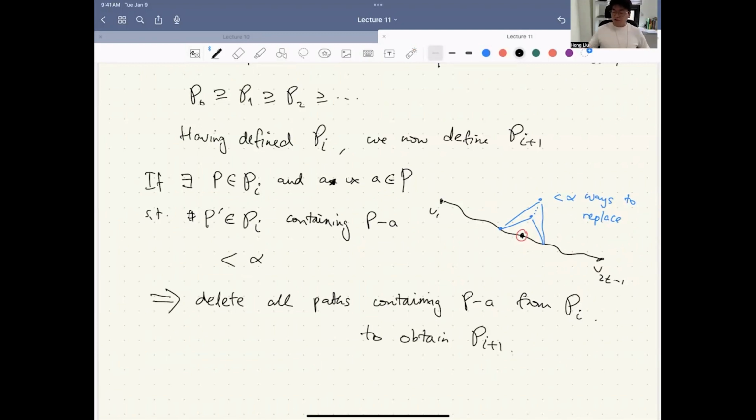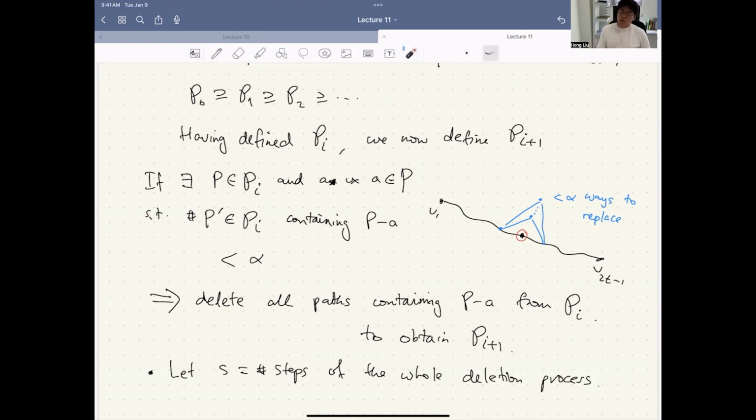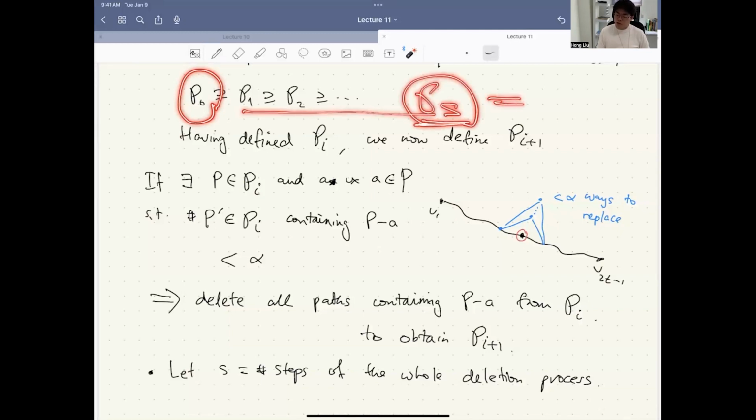The key observation is that, let S be the number of steps of the whole deletion process. We need to show that at the end, when you end at the S-th step, this collection is not empty.